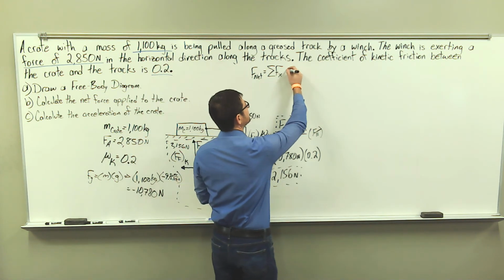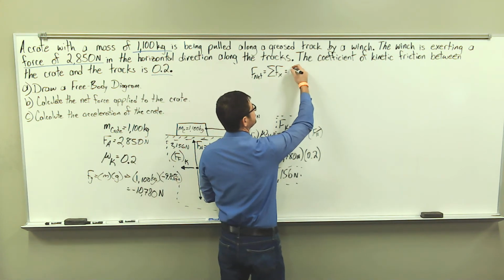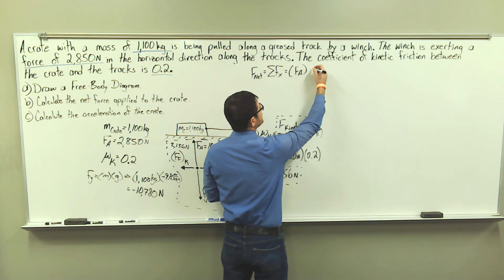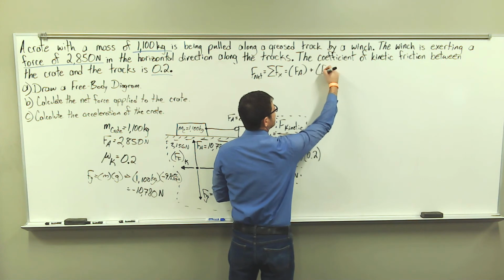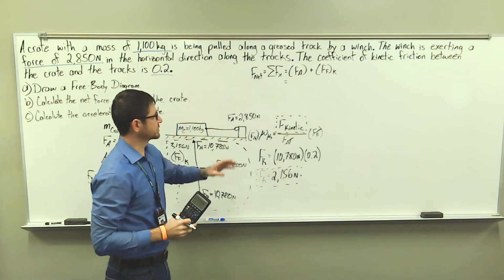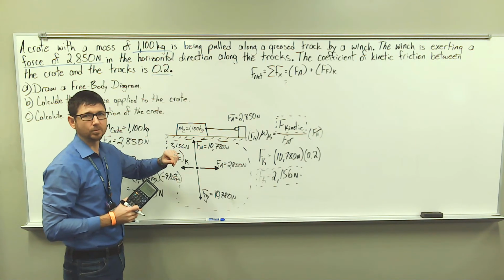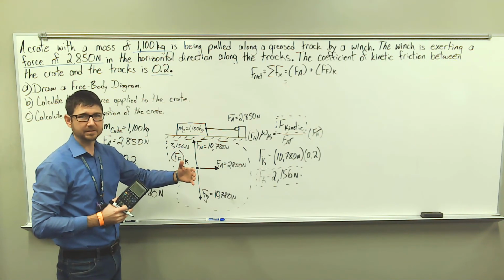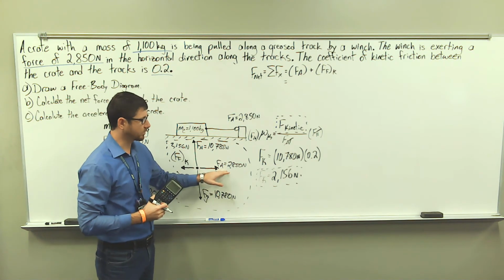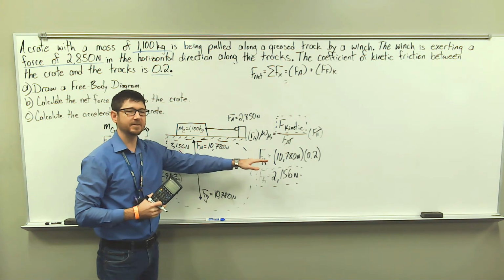So this is going to be equal to my applied force plus my kinetic friction force. Now my applied force, remember a force is a vector, so not only are we including the magnitude, but we are going to include direction. So my applied force is pointing in a positive x direction.